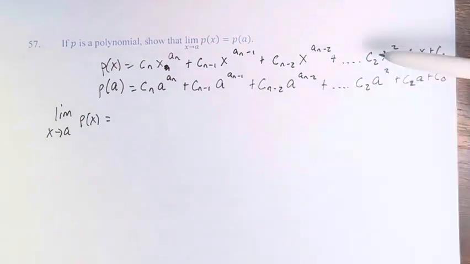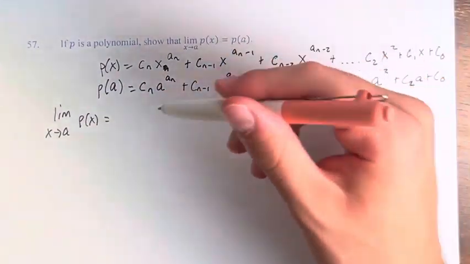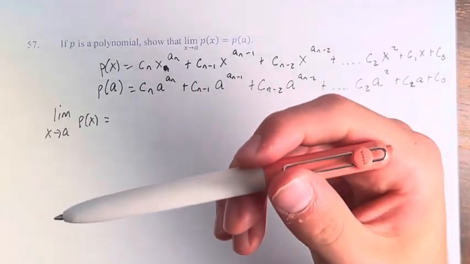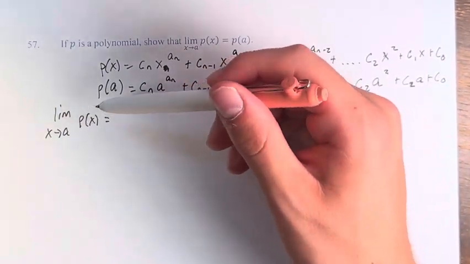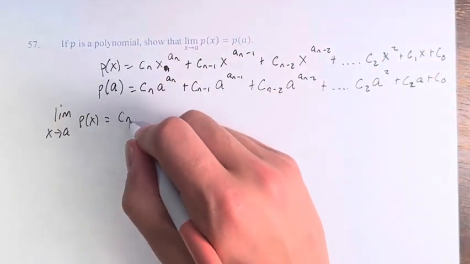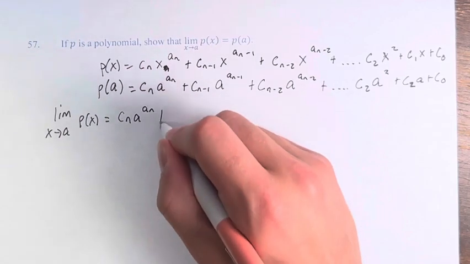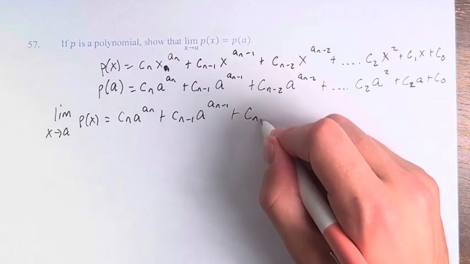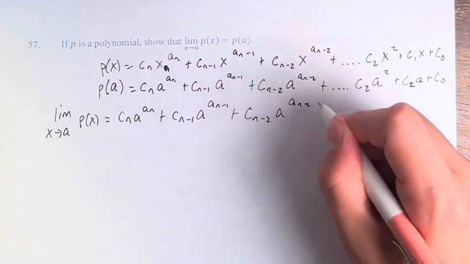A polynomial is a continuous function. We know that this limit is equal to the value if we're plugging in a. So that is c_n a to the a_n plus c_(n-1) a to the a_(n-1) plus c_(n-2) a to the a_(n-2).